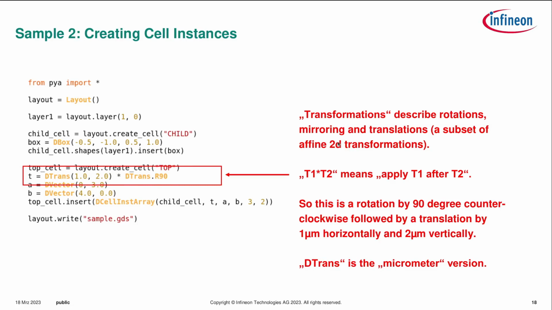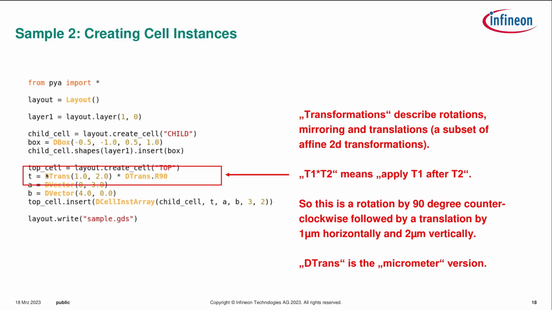This is a subset of the affine 2D transformations, and here I use the star operator, which means multiplication, and essentially it boils down to a matrix multiplication, but intuitively it means apply the second transformation before the first.